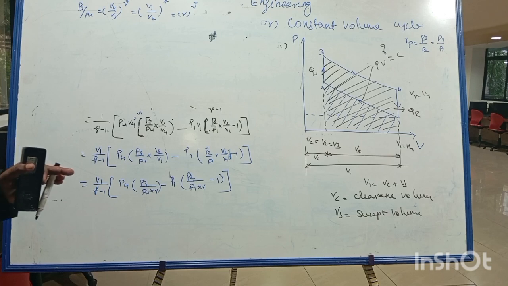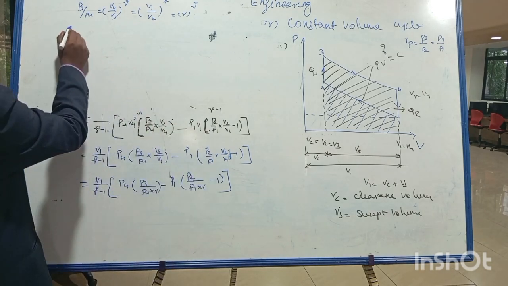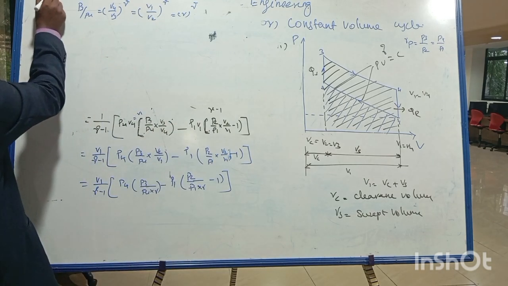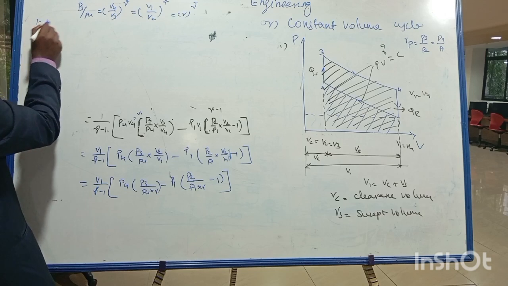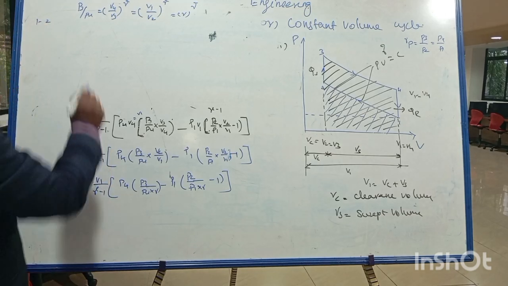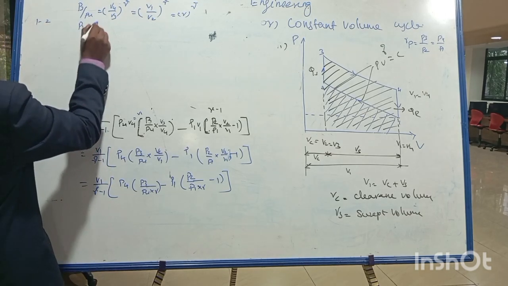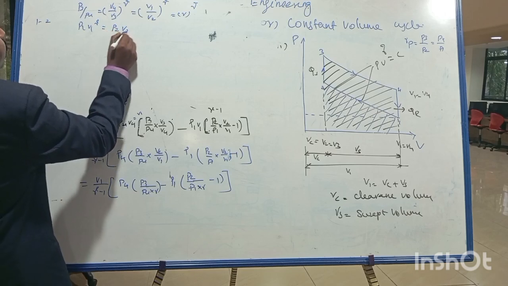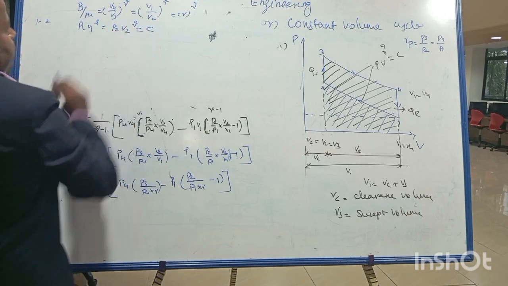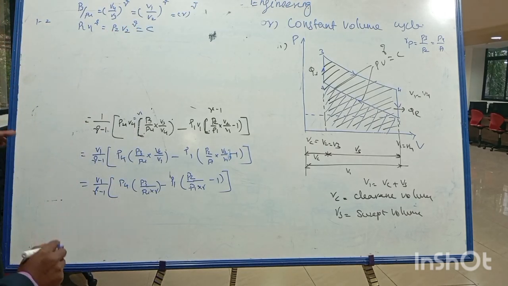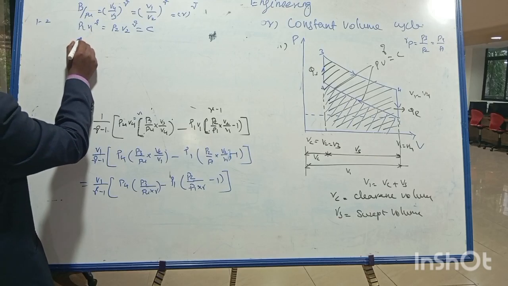In a similar way, take the process 1 to 2, that is P1 V1 power gamma is equal to P2 V2 power gamma, that is equal to constant. So from this I am going to simplify again.